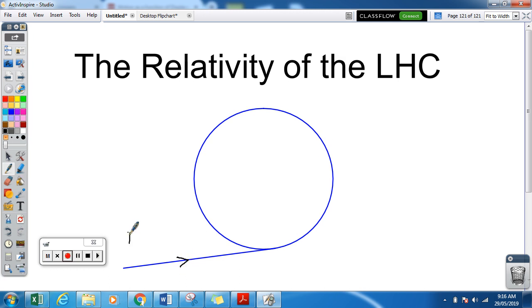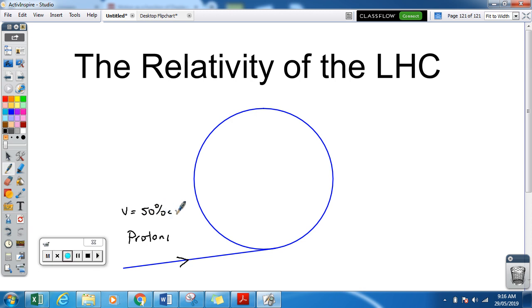So the protons are coming from another accelerator. In the actual LHC, these are from other circular hadron accelerators, but we're just going to assume that it's coming in at some stage here at a velocity, and we're going to make this velocity approximately equal to 50% of the speed of light.